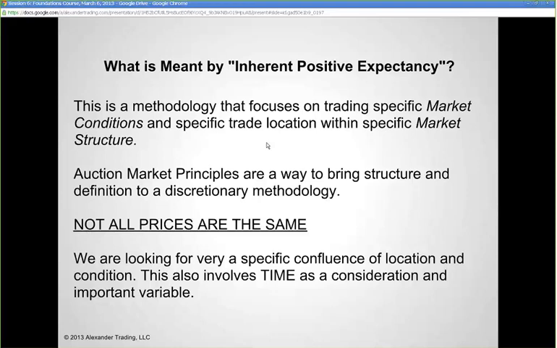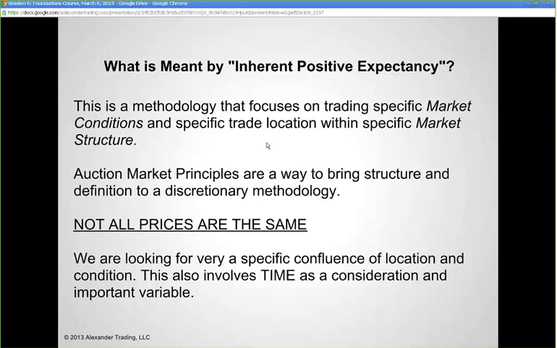We're trading the market condition and market structure, and you're learning to read the market. You're learning to do what the promise of the indicators is, and that's to identify market condition, where you should be trading and where you shouldn't. But the difference between what you do and what an indicator does is that an indicator is an oscillator. They oscillate.